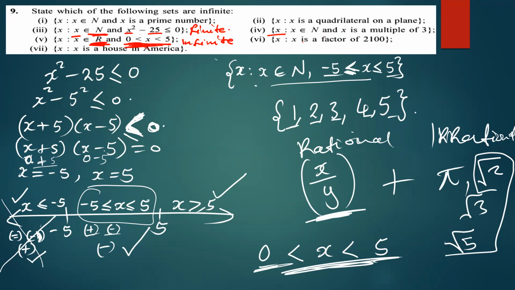They have not specified whether even 99 is part of this set, or we are just supposed to end at 100, or at 1000. If we have an ending, then we would have said it's a finite set, but this one is an infinite set because it's open. It's just saying natural numbers that are multiples of 3.